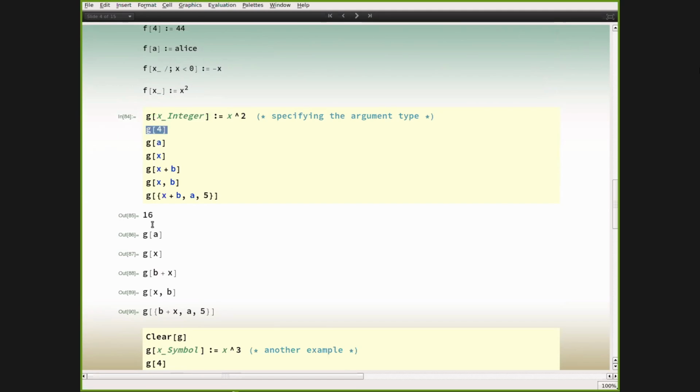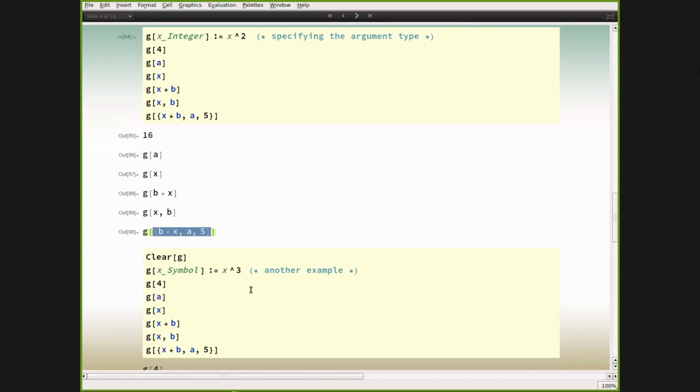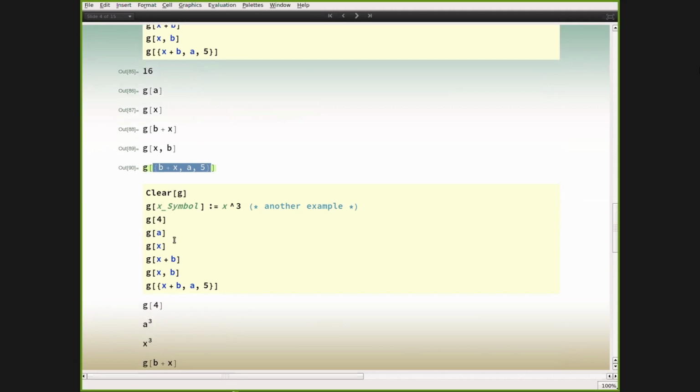So g of 4 is 16, but if you have g with a list with 3 elements, and among them there is an integer, it won't be squared because it doesn't fit. This element has the head List, not Integer. Okay, so another example.